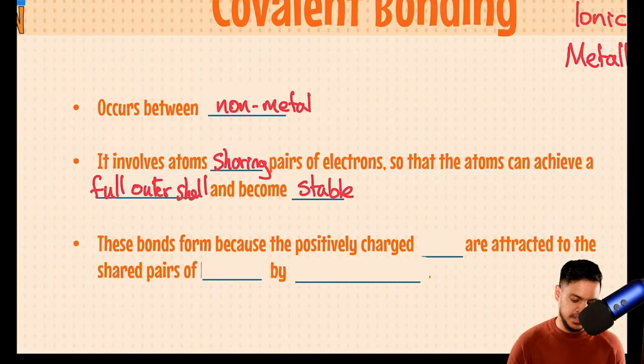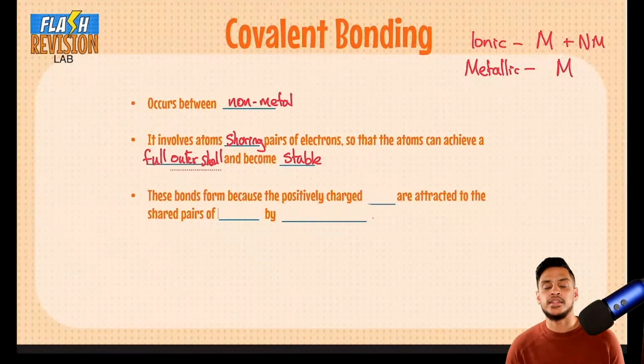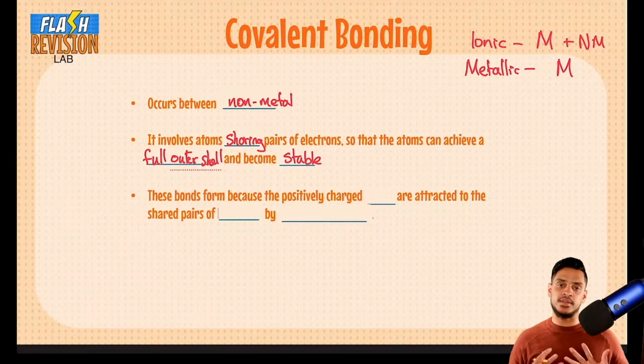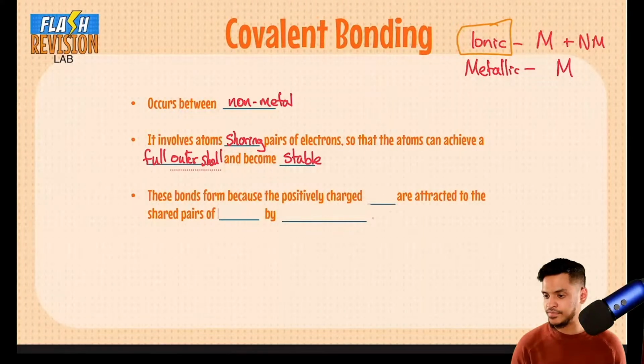That is always the aim here when it comes to bonding. With ionic bonding it's the same thing. They always want to get a full outer shell because it makes them more stable. For ionic bonding, they transfer electrons, but for covalent bonding, they share electrons. That's the main difference between the two.